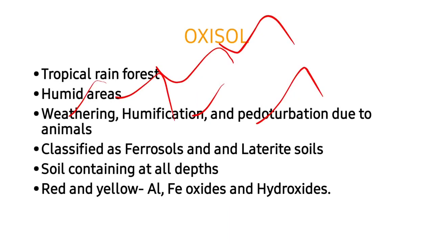And this Oxisol was classified as ferrosols and also laterite soils previously, and this Oxisol is defined as soil containing oxic horizon at all depths. Remember this line, soil containing oxic horizon at all depths is for your Oxisol. And here also the soil is predominantly red and yellow in color due to the presence of aluminium, iron, oxides and hydroxides.